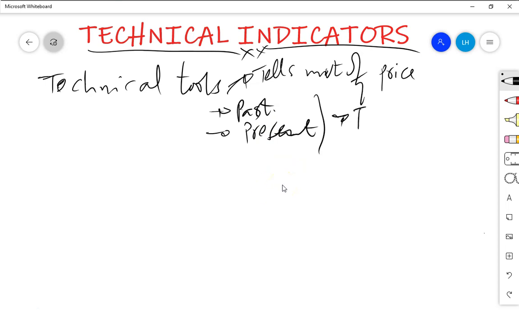So by having that information from the past and the present, you can anticipate the future movement of price. Those are the technical indicators and how they are used: in assessing the future movement of price.